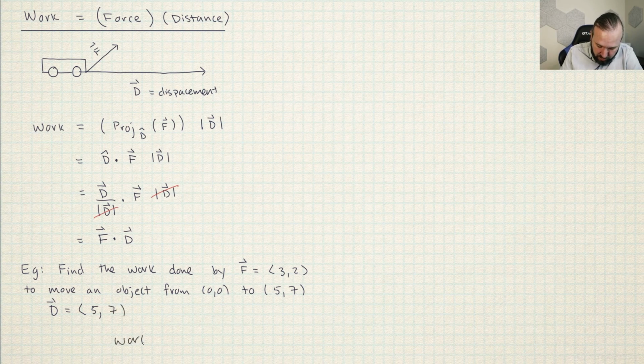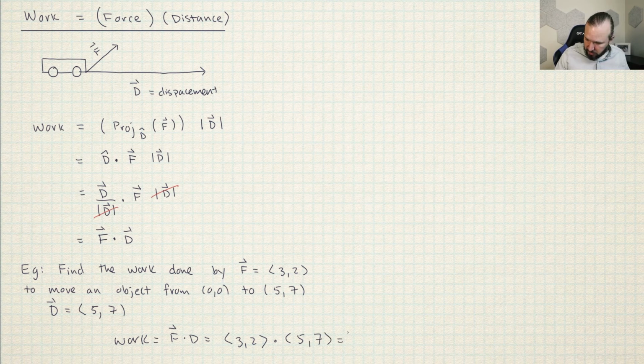And then the work is just going to be f dot d, which is 3, 2 dot product with 5, 7, which is 29, and the scientific units of work are joules. So this force did 29 joules of work to move this object from 0, 0 to 5, 7.